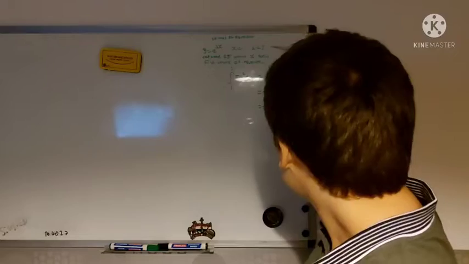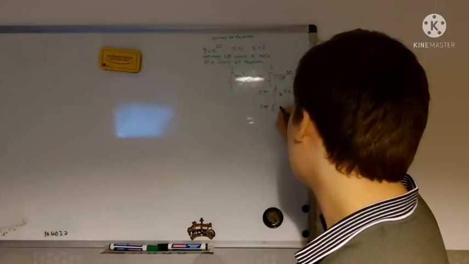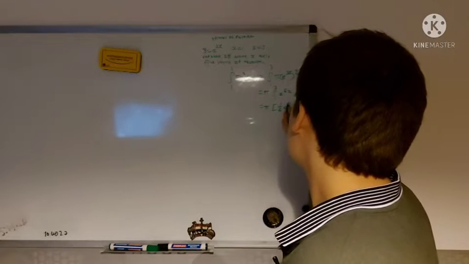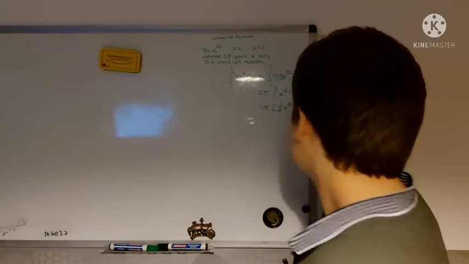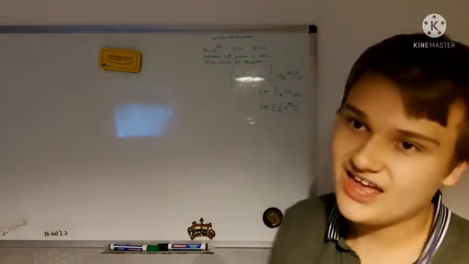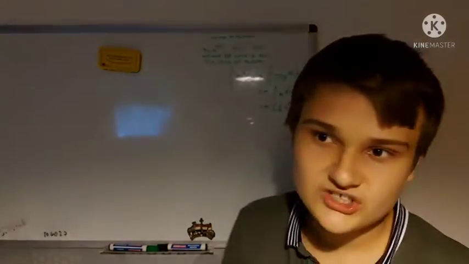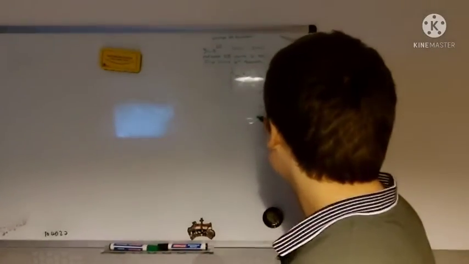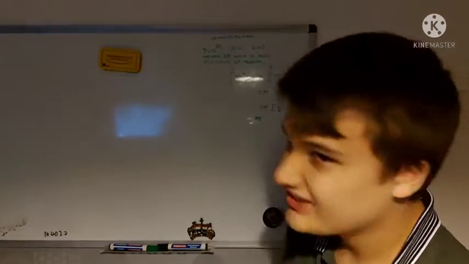Now, integrating that, it's the same for pretty much any integral that you do with e. E doesn't change. It's one of those nice ones that don't change. If you learn that at A-level maths, you will learn the integrals of those to be pretty standard.